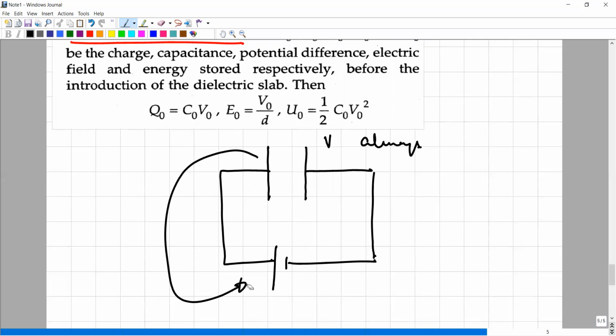If the cell has a potential of V, then the capacitor will also always have a potential of V, because it is connected to the same potential difference of the cell.